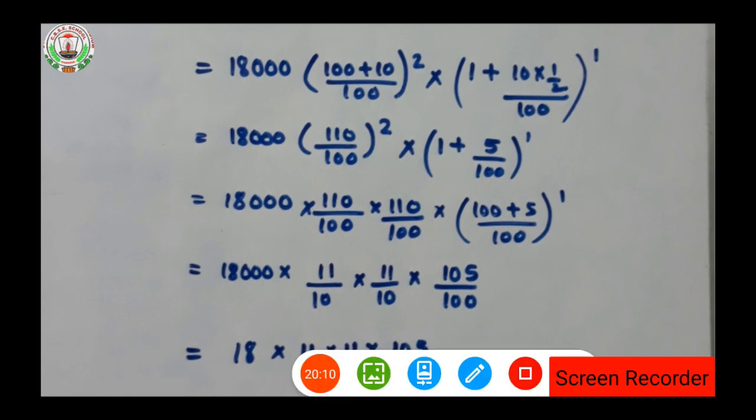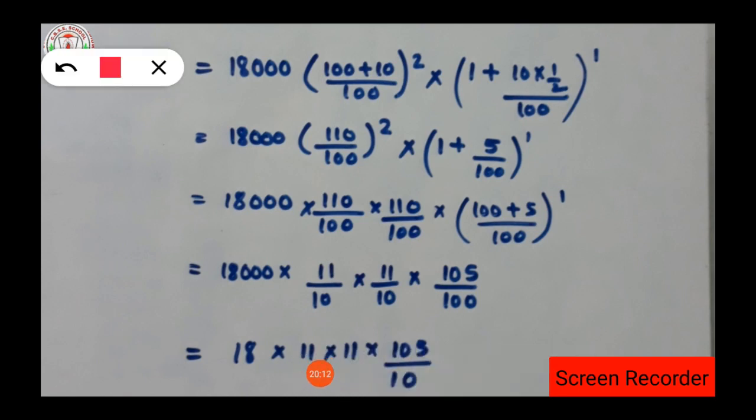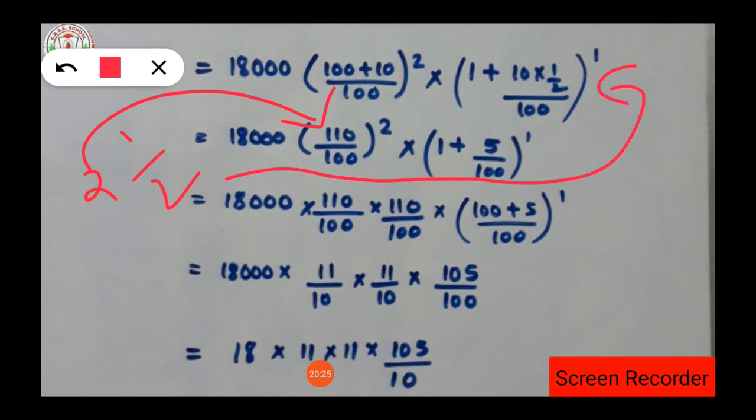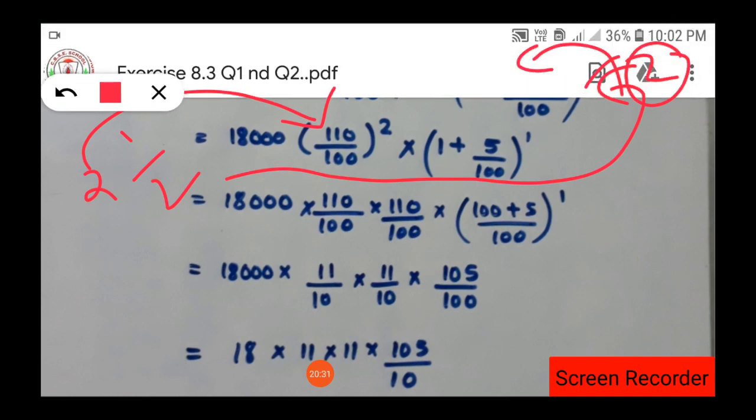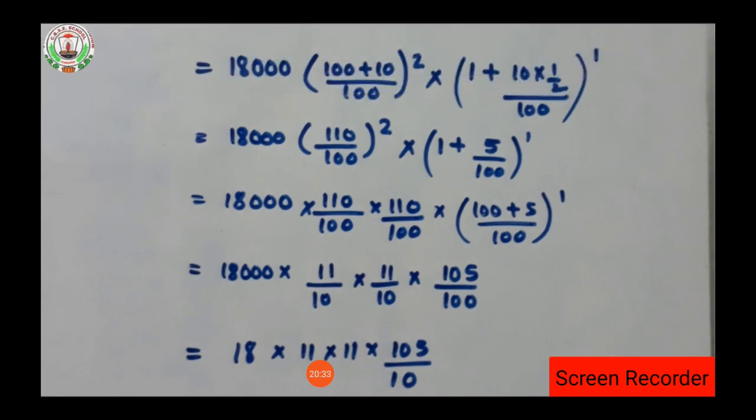We made the power separated. That means the 2.5 power is separated for both the numbers, that is 1 plus r upon 100. For the 2 this will be separated, and for the half this one is separated. This 2 goes with the denominator of 10 and gets divided there.